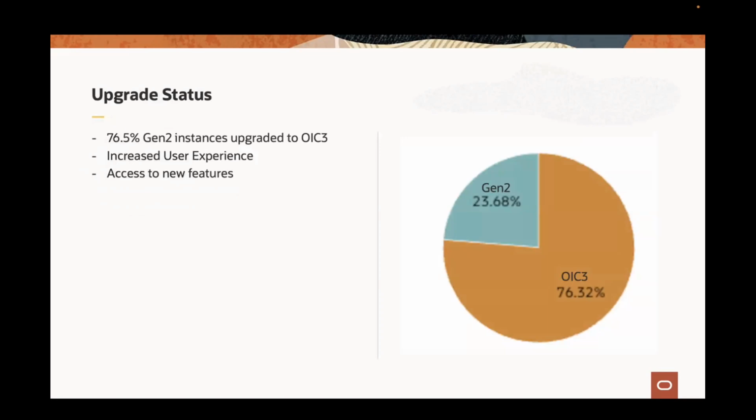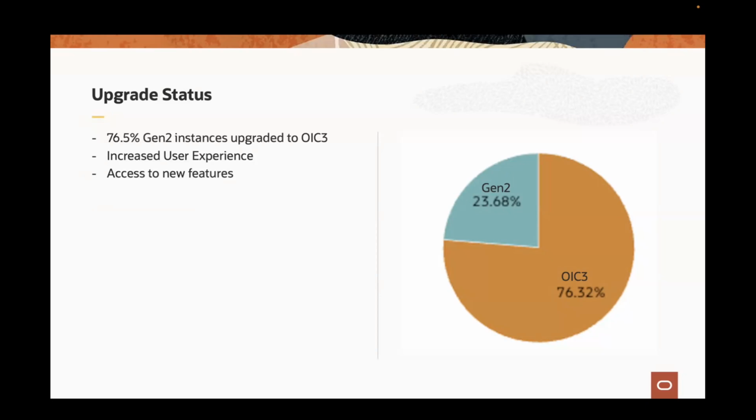So the good news is that the majority of our customers are upgraded. This is a Gen 2 to OIC 3 distribution chart. The better news is that all remaining instances will upgrade over the next few months.